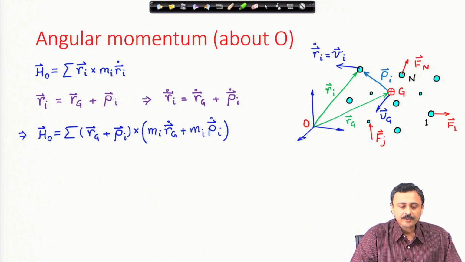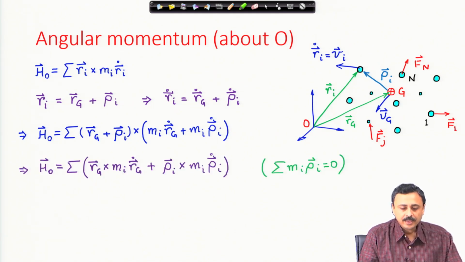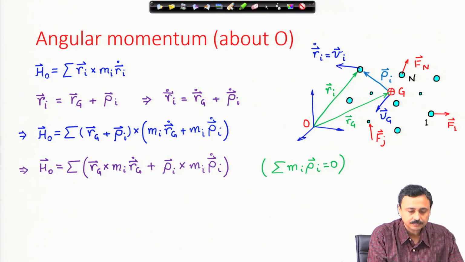Then I have these bracketed terms. Now, I will open up these brackets and simplify. When I do this simplification, I always remember that the summation of m_i rho_i is 0. The first term, for example, r_G cross m_i r_G dot, we have it here.